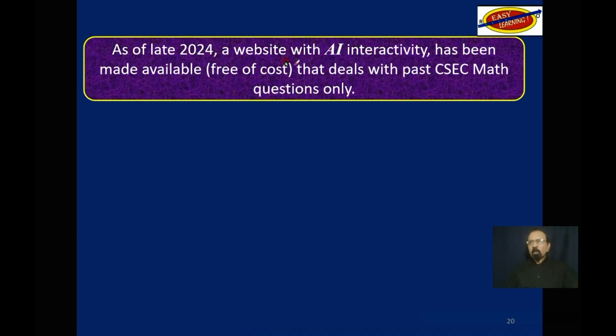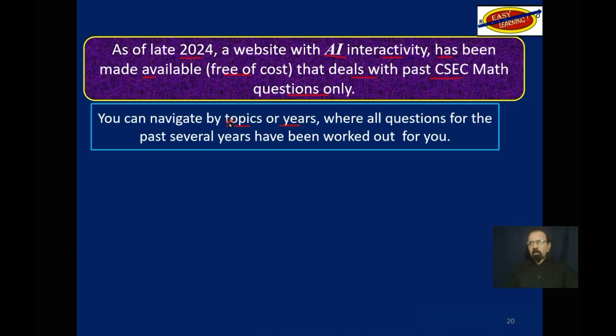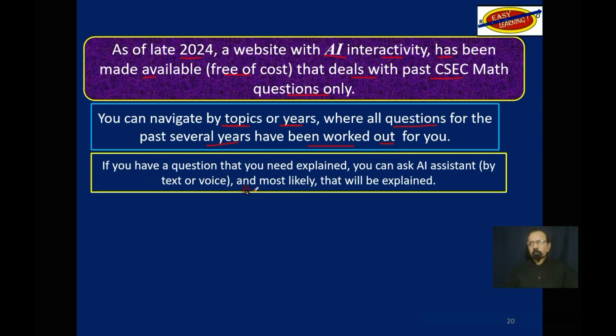Also, as of late 2024, a website with AI interactivity has been made available free of cost that deals with past CSEC math questions only, specifically from paper 2 for now. You can navigate by topics or years, where all questions for the past several years have been worked out for you.